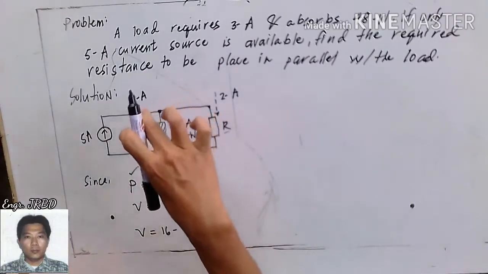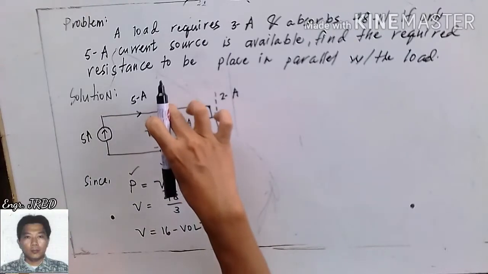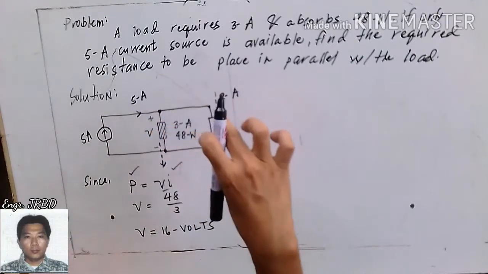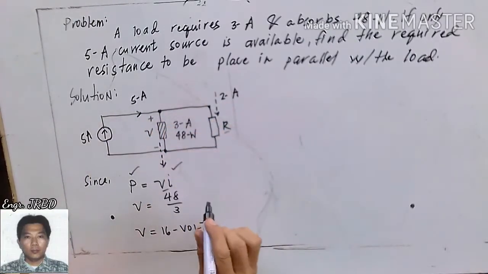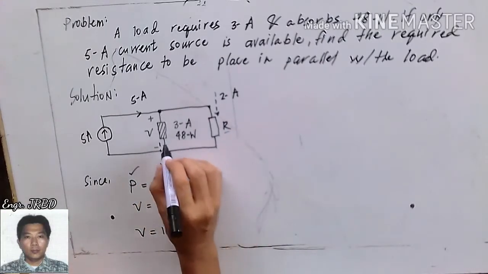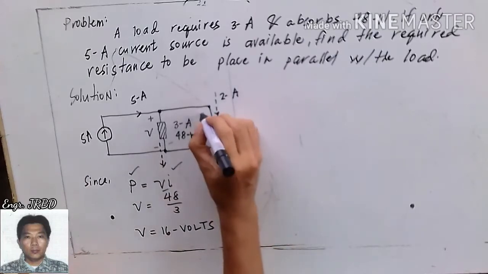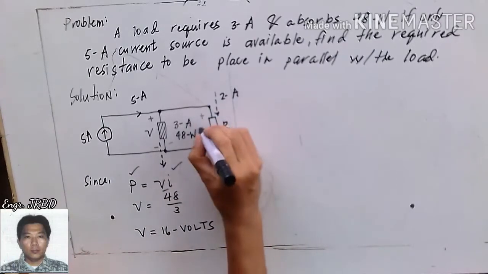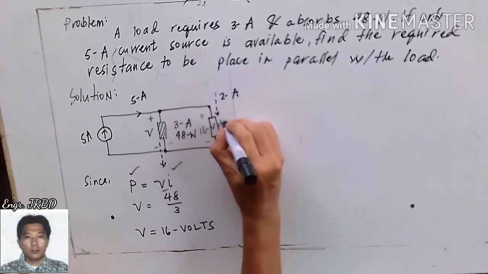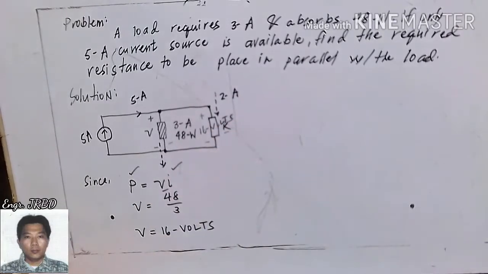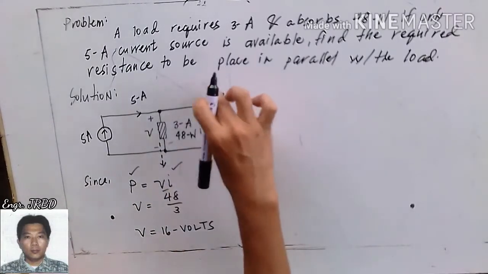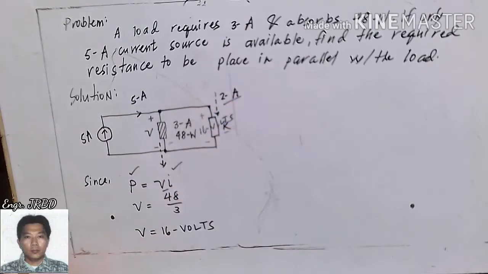And since this connected load of 48 watts is also in parallel with your R, it is understood that whatever voltage is across this element will also be the same across your R. The voltage across this must also be 16 volts. And we already have the current of 2 amperes.